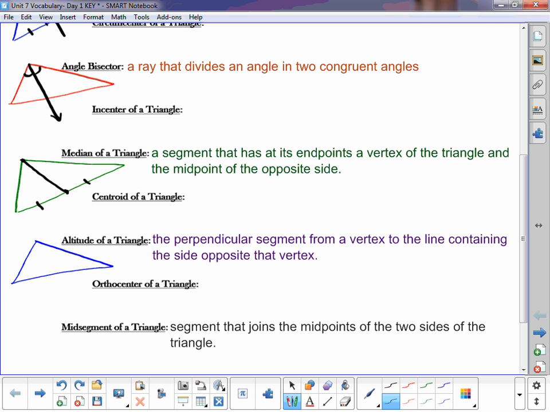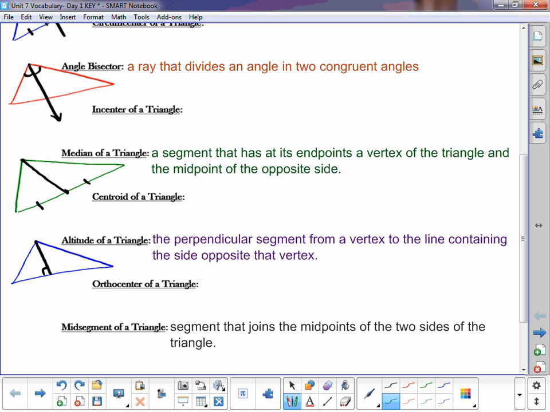I'm going to go ahead and once again use this top vertex as my starting point. So the side opposite would be this bottom one, and it must hit it perpendicularly. So do your best to draw it perpendicular and draw on that marking. I feel like altitudes are the hardest to draw, in my opinion, because it's hard to nail that perpendicular.